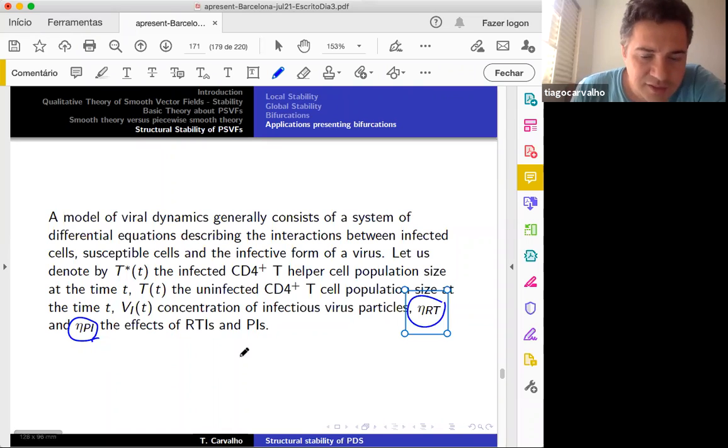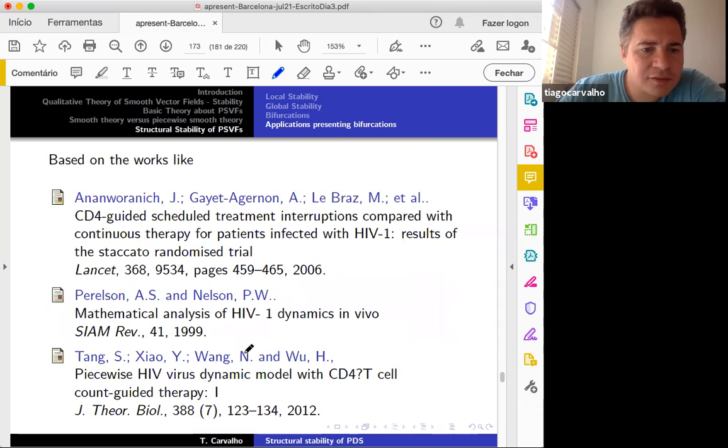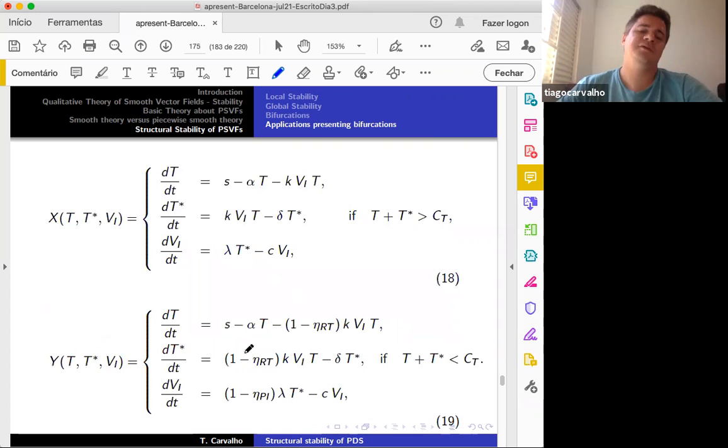But there are these two drugs, and so the dynamics of these infected cells are given by these models, okay?